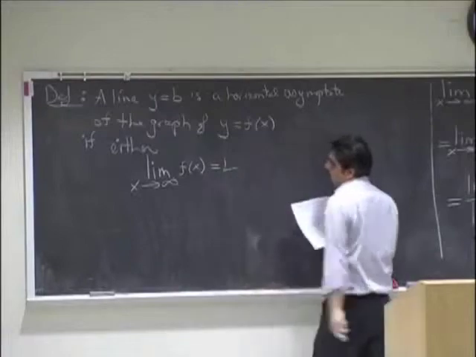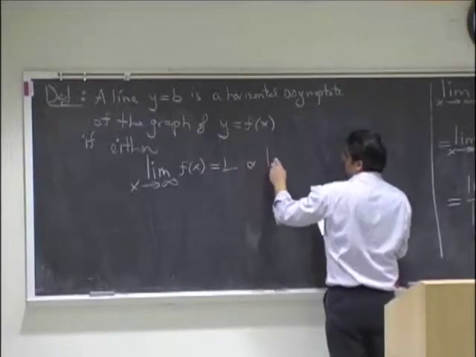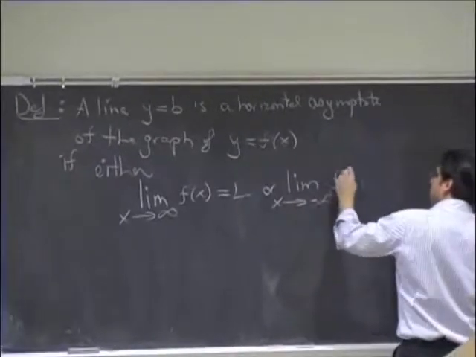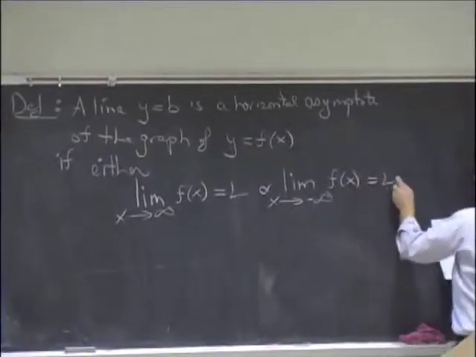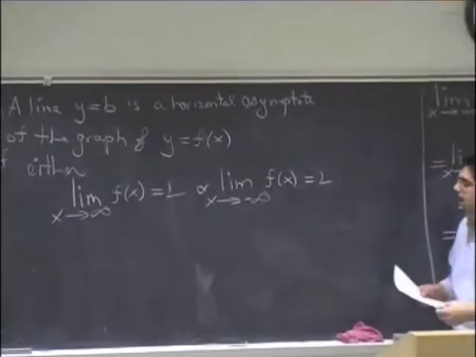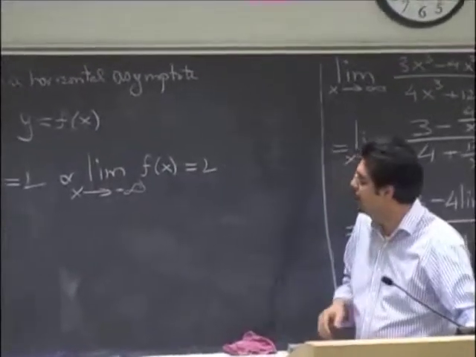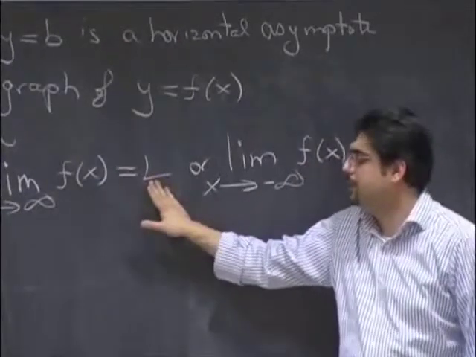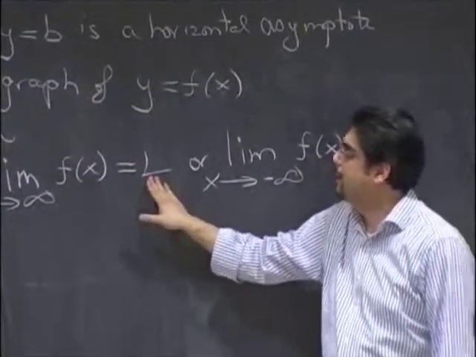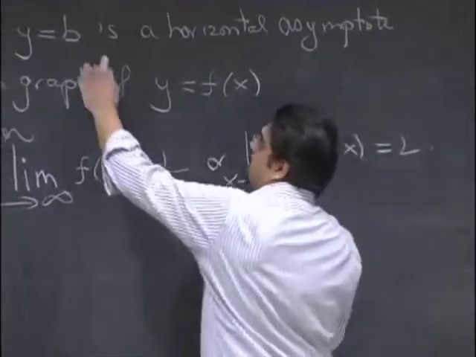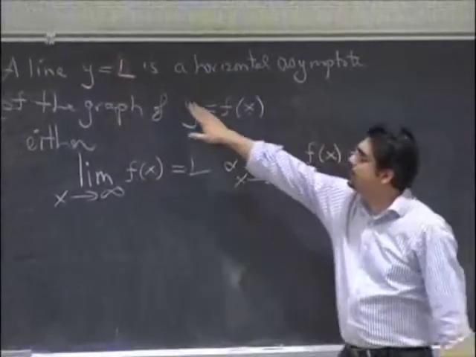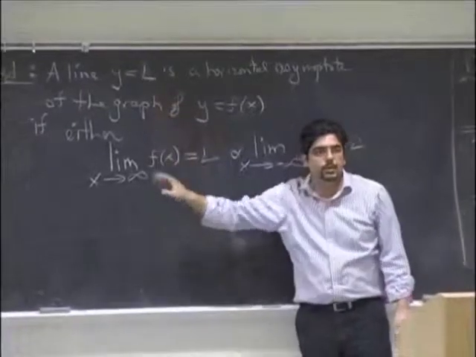If the limit at positive infinity is L, or the limit at negative infinity is L. Of course, nothing sacred about L. It's just saying that if the limit as x goes to infinity of the function is a number, then y equals that number is a horizontal asymptote.